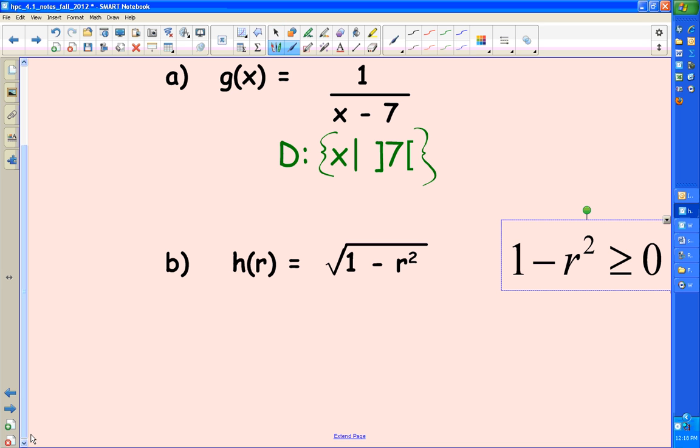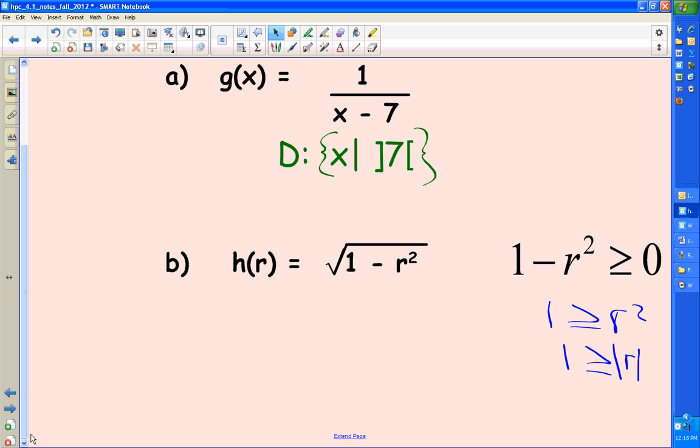So if you solve that, 1 has to be greater than or equal to r squared, and the absolute value of r has to be less than or equal to 1. That puts your domain between negative 1 and positive 1. So we're setting the radicand to be something greater than or equal to 0 and then solving for that x value.